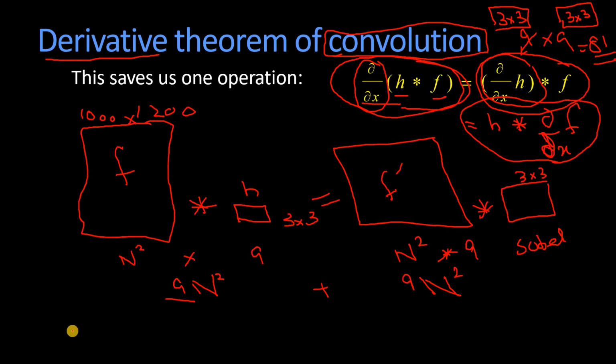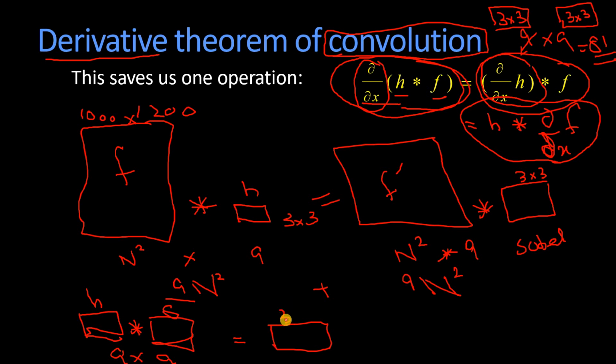Clear? There is not enough space, let me try to show it. So this is your h and this is your Sobel s. When you convolve them, you will have 9 by 9 computations. The result of these two kernels will be another kernel of the same size. Size is not changing, 3 by 3.